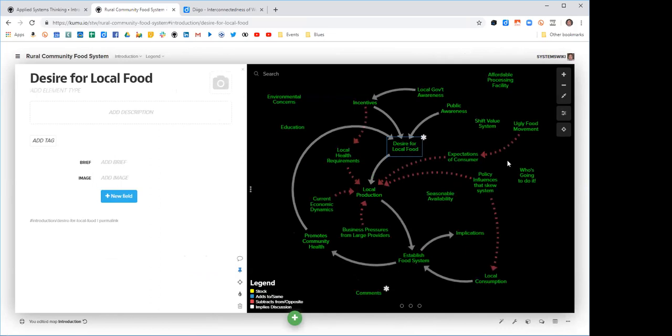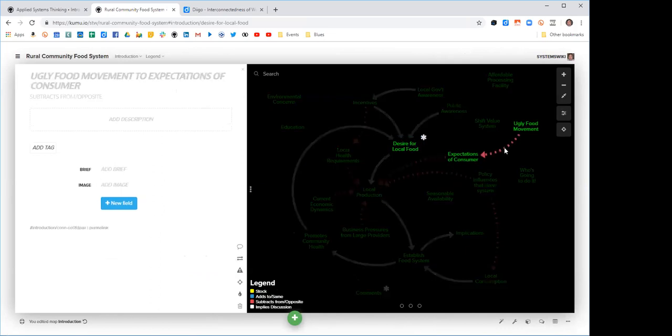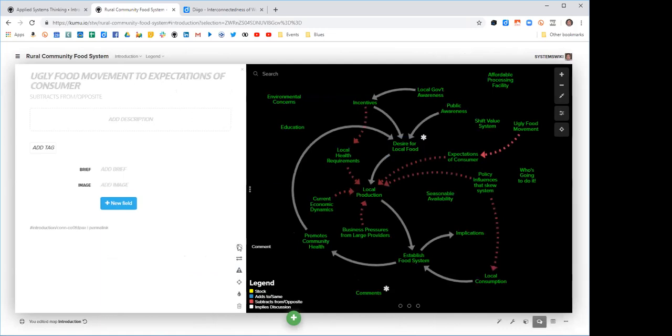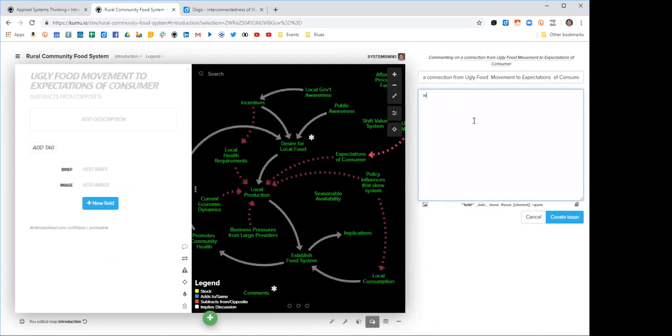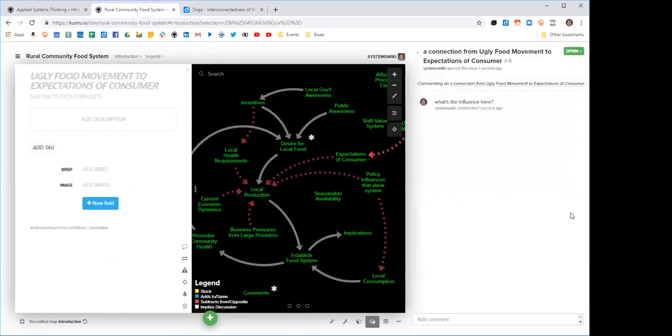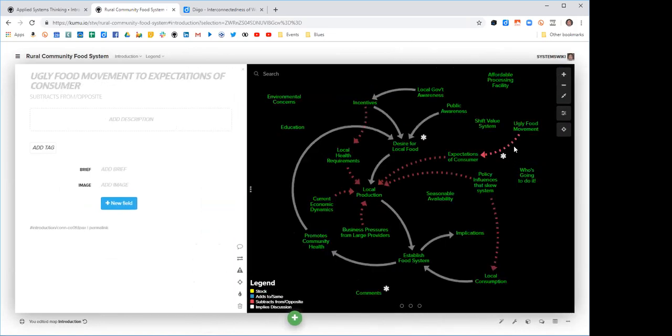And you can do that on an element or a connection. What's the influence here? So it will then put an asterisk on that connection saying there's already a thread started there.